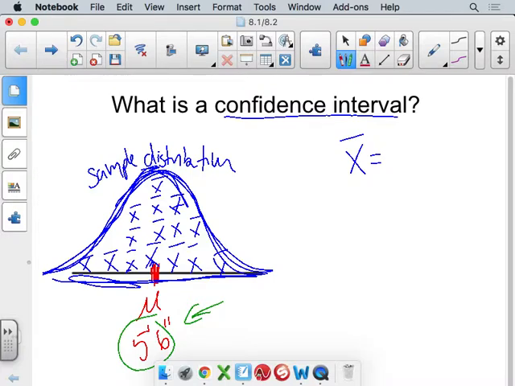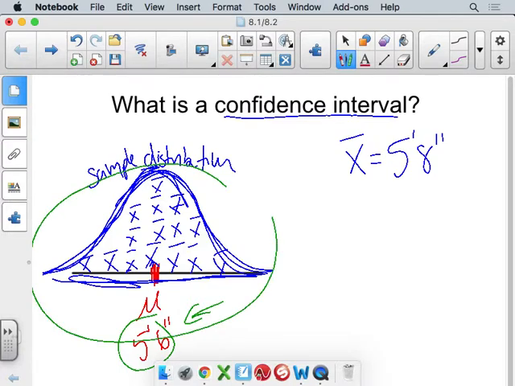So let's say I took a sample and got an average height of those 50 people of 5'8". Since I don't know where the true average is, I have no idea if this sample is high, low, in the middle, or way on the edge. I have no idea where this 5'8" is.